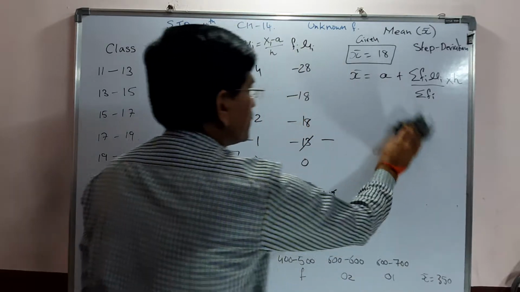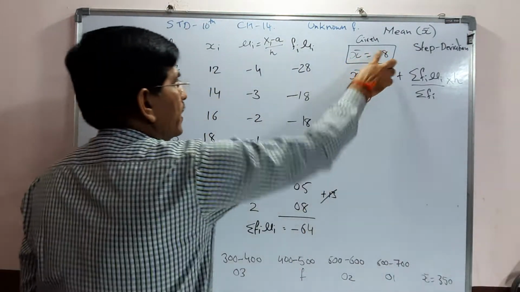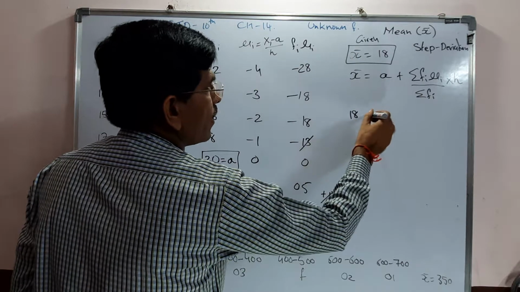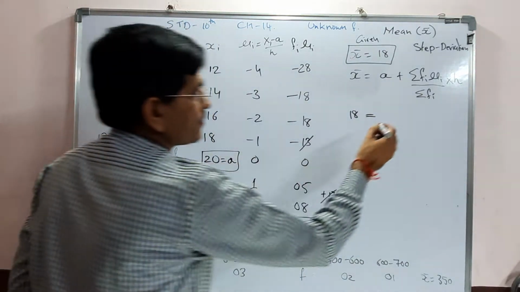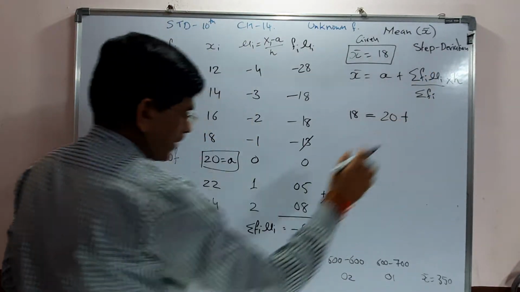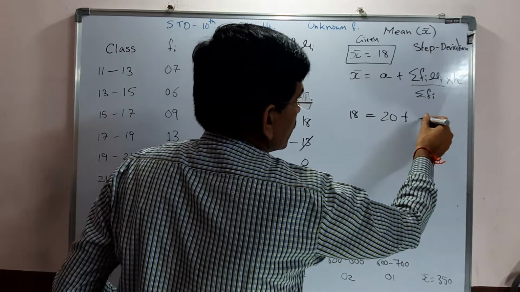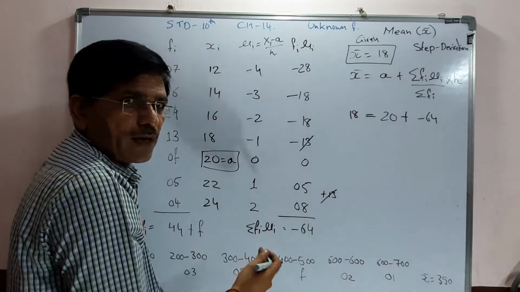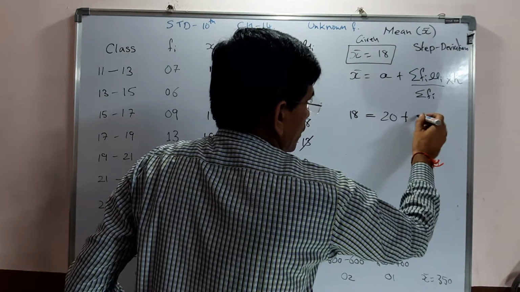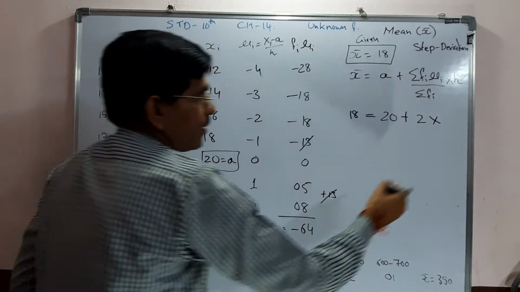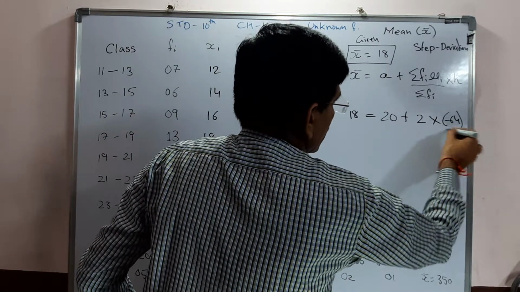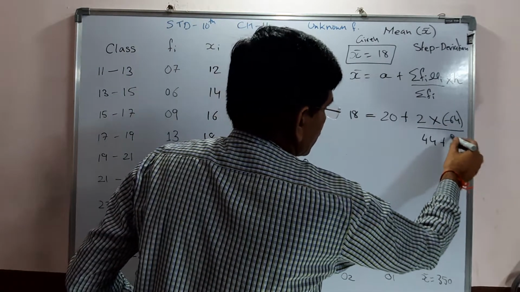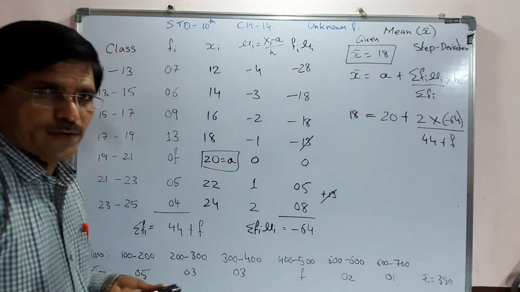Always we know what is given: x bar is given, so I have to put x bar 18 here, is equal to a, that is 20, plus h into sigma fi ui, that is minus 64, upon sigma fi, 44 plus f. Don't do 20 plus 2. Can we do that? We cannot do it.